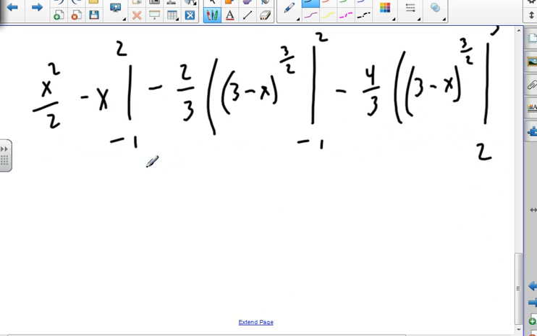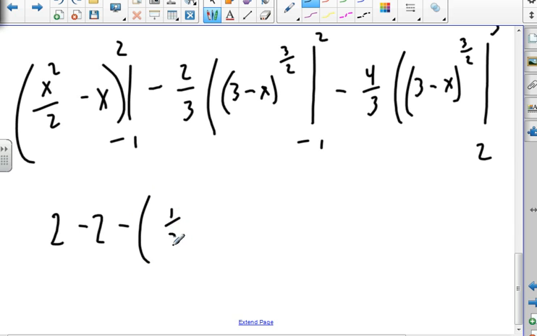Okay, so parentheses in there. I put a 2 in, 2 squared, 4, divided by 2 is 2. So I have 2 minus 2 minus 1/2 plus 1.